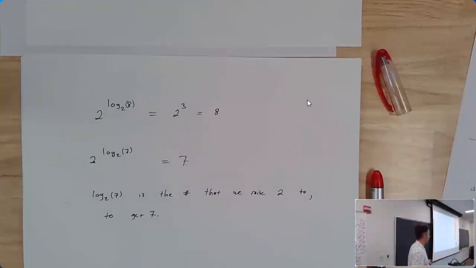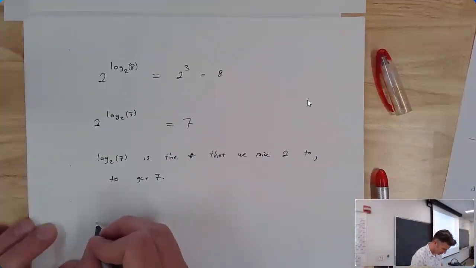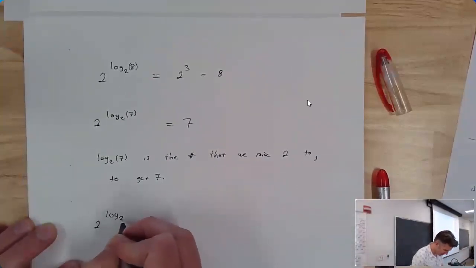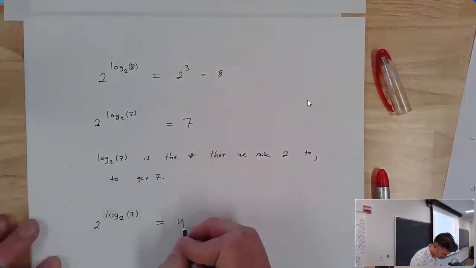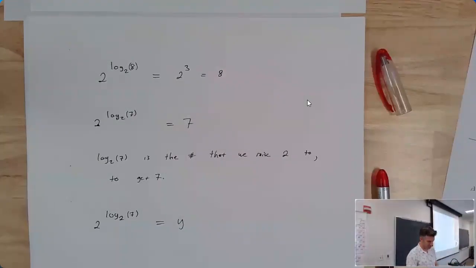Another way to see this, if you prefer: if I want to find 2 to the log base 2 of 7, let's just call it some other number for a second. Let's call it y. Then you can either take a natural log or a log base 2 of both sides. I'm going to use log base 2 because I'm already in log base 2.